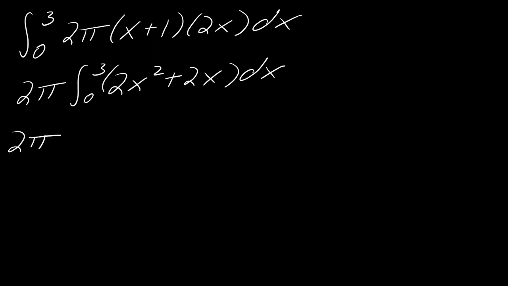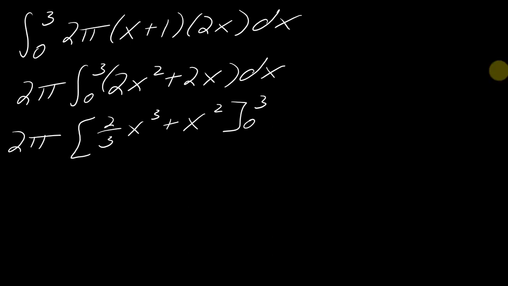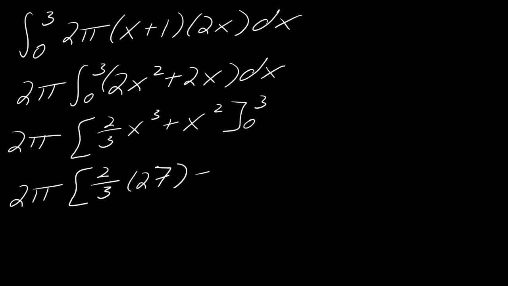And so let's go ahead and integrate. So this will leave me with 2/3 x to the third plus x squared from 0 to 3. The 2 drops out because I'm multiplying 2 times 1/2. So here's what I've got. So this will be 2 pi times 2/3 times 27 plus 9, all of that minus 0.